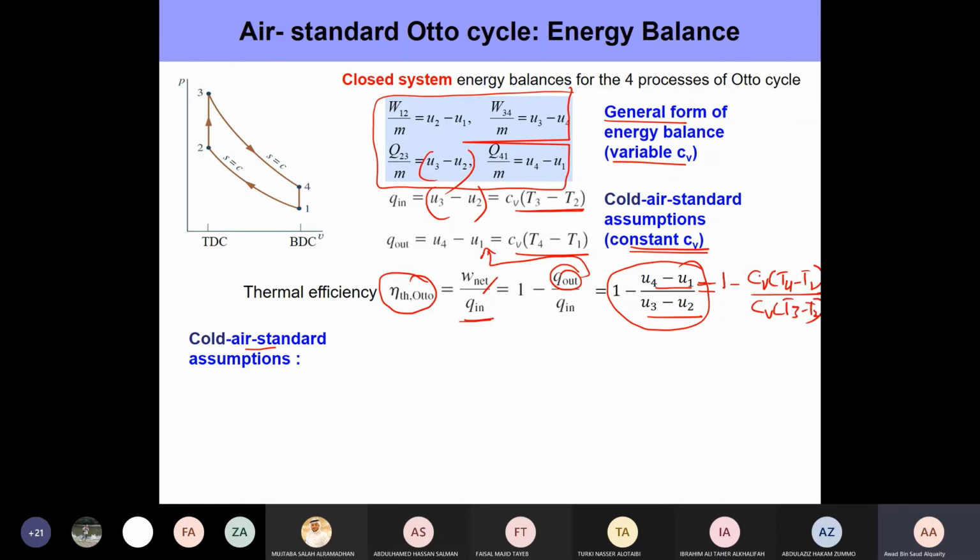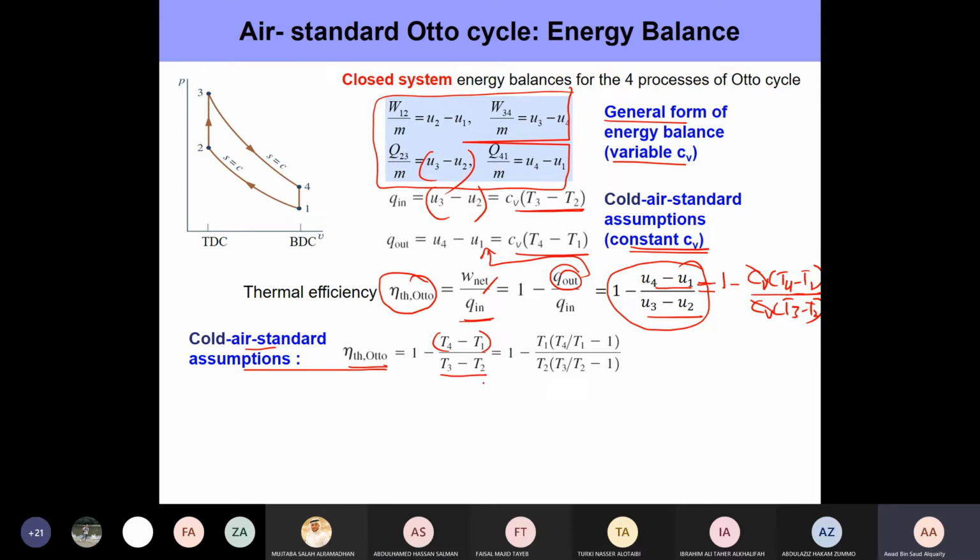All right, so we're just replacing delta U's with Cv delta T's. Now Cv gets cancelled out, and the efficiency formula then comes out to be 1 minus T4 minus T1 divided by T3 minus T2.